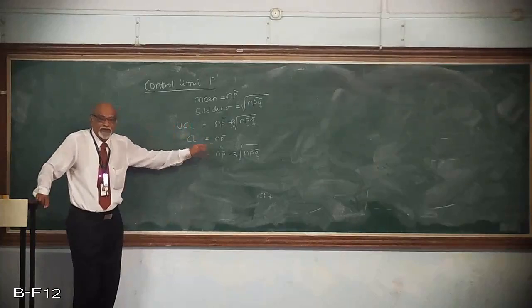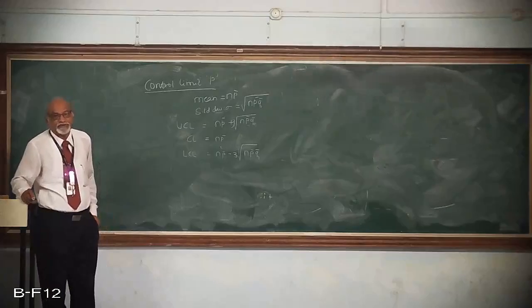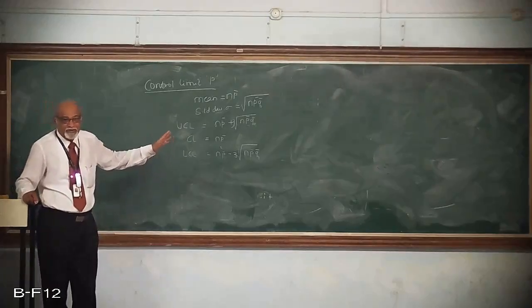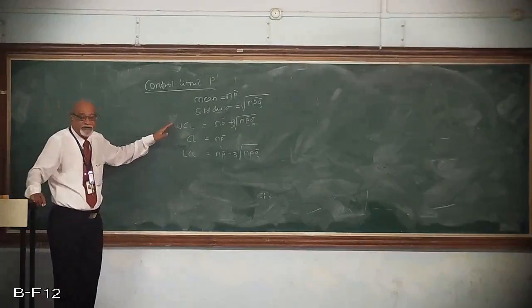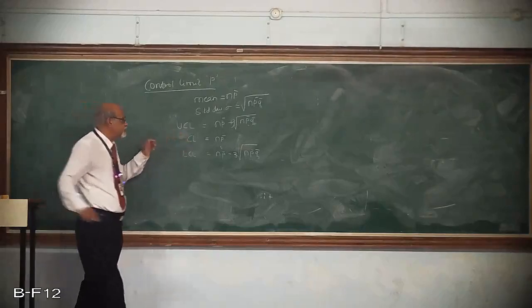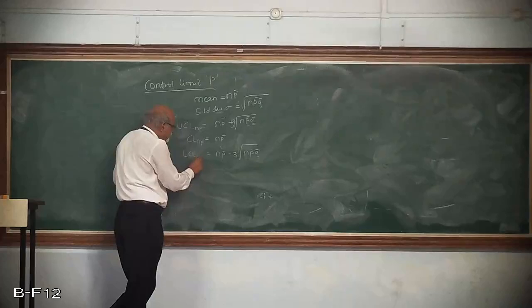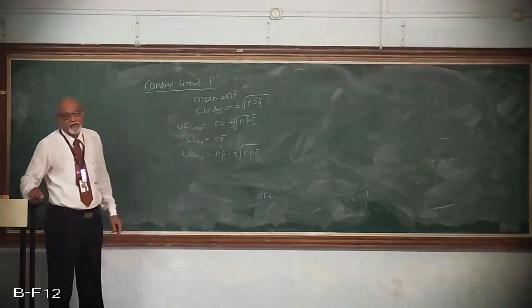It should have only fraction defective, not the number of defectives. Ultimately, we have identified the control limits for the NP chart. In fact, I can write these as UCL NP, CL NP, and LCL NP. These are the limits. Is it followed?